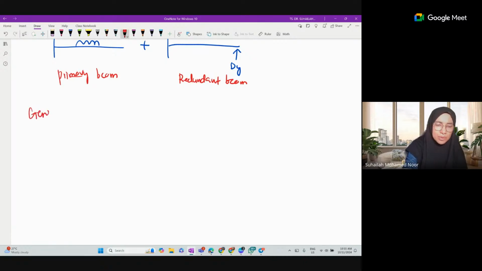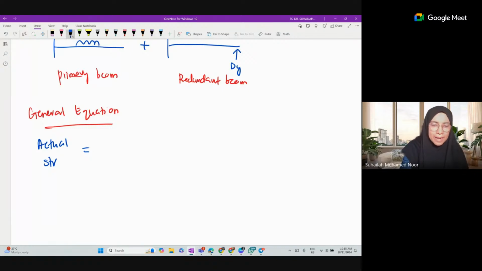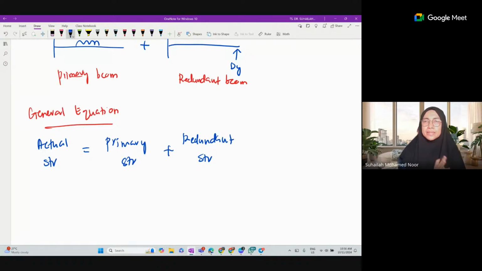This general equation states that the actual structure is equal to the primary beam plus the redundant structure. This is the general equation which is based on the principle of superposition.